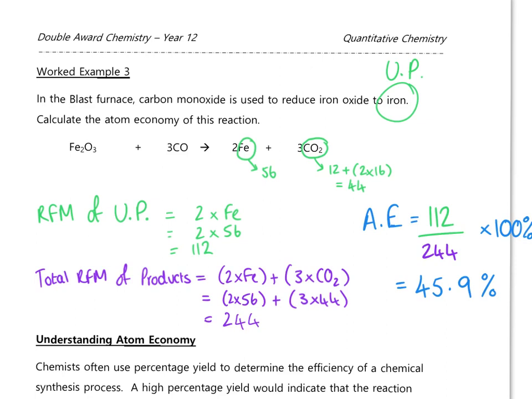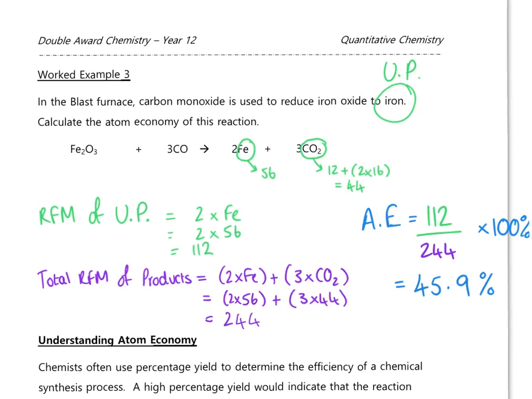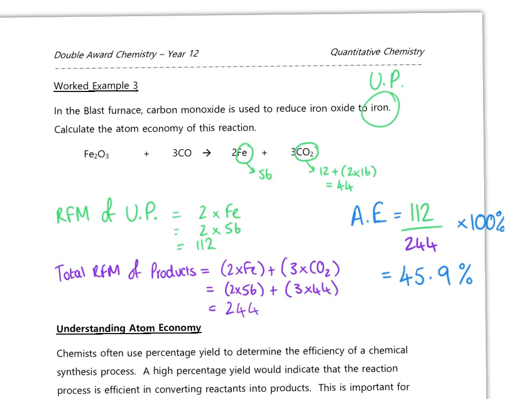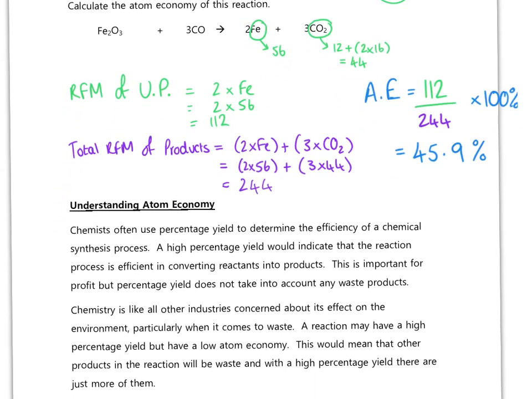The very last bit of this topic is talking about what atom economy actually means, and why we are considering it now. Previously we would have just looked at percentage yield, so how much product am I actually getting out, how efficient is my reaction.